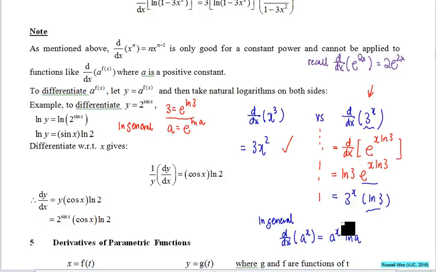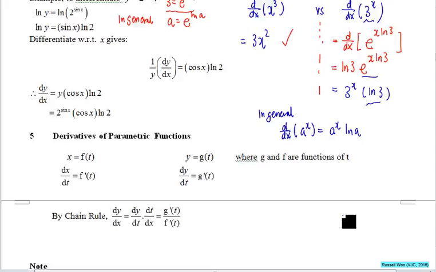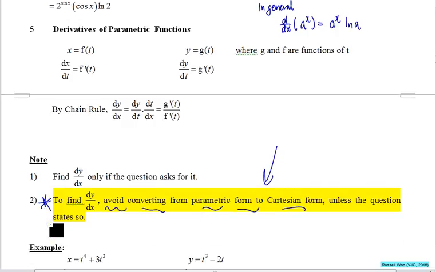Okay. I want to talk a little bit about parametric functions later, because this is the part that most of us have difficulty with. I'm going to use question 3 as an example later. But before that, I want to highlight a few things. One, avoid converting from parametric form to Cartesian form. 99 times out of 100, there is no need to convert, unless the question asks you to do so.